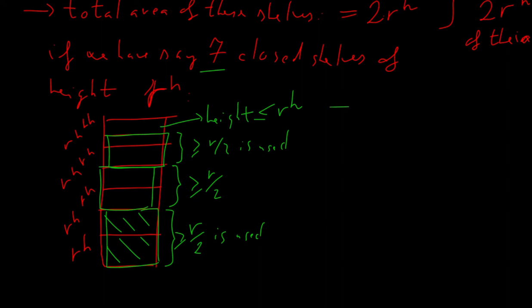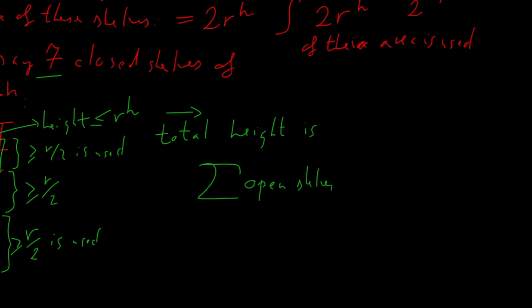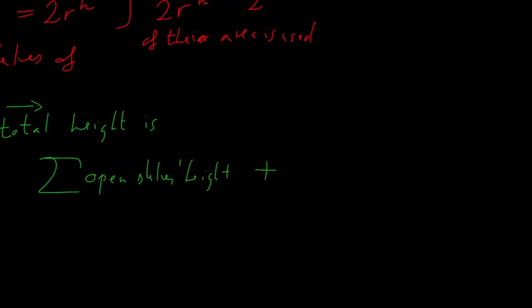So this means that we can just partition those shelves, so the total height is just the sum of open shelves height plus the sum of the closed shelves height.